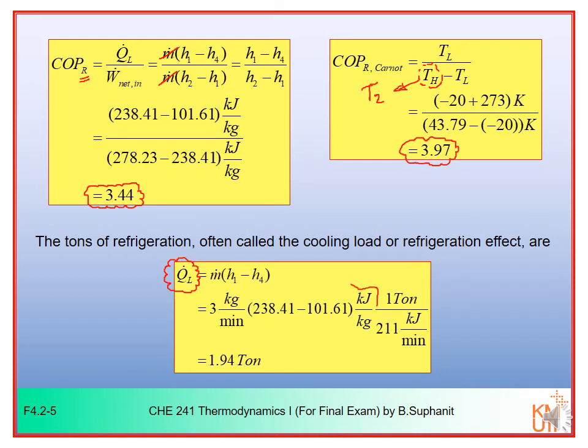And then we use a conversion factor to convert from kilojoule per minute into tons of refrigeration. So the result, the cooling load that we can obtain would be 1.94 tons of refrigeration. Okay, so this system will have the refrigeration capacity of 1.94 tons.